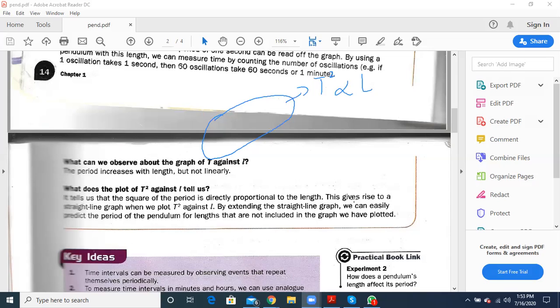So when we plot time against length, the period increases with length, but it's not a linear graph. If we want a linear graph, we need to plot T square against L. Length would be on the x-axis and T square value would be on the y-axis. With this, we have completed our first topic.